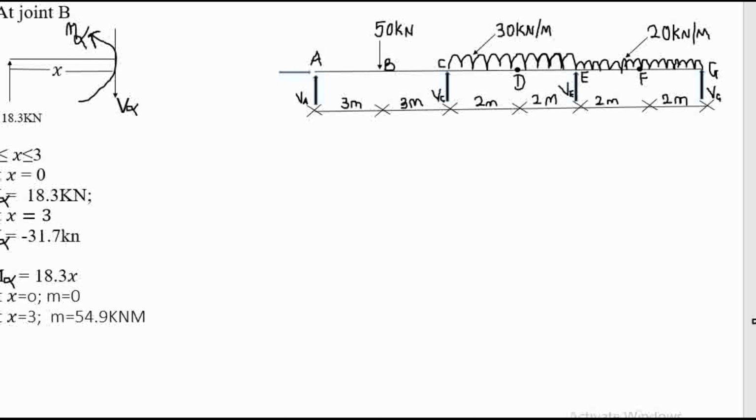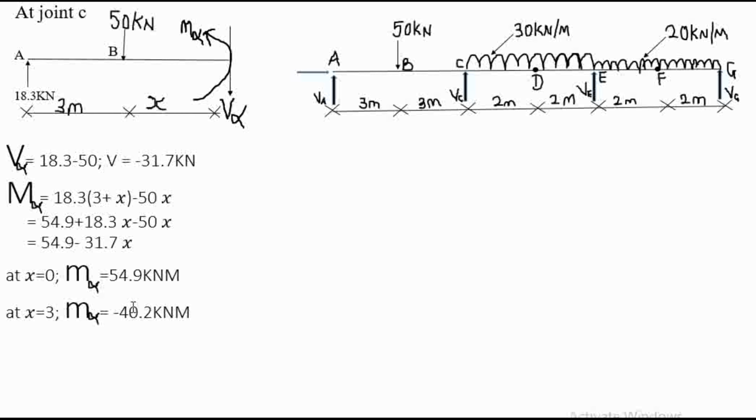If you solve this and at that same point you have a different answer, it means that your expressions are wrong. Then at X equal to 3 meters, that is the distance from here to where you cut your section, your M alpha is going to be equal to minus 40.2 kilonewton meter. It's negative now. Hope you got that.